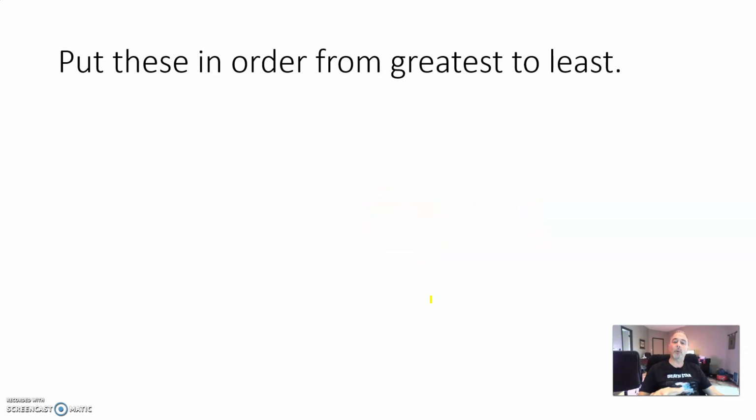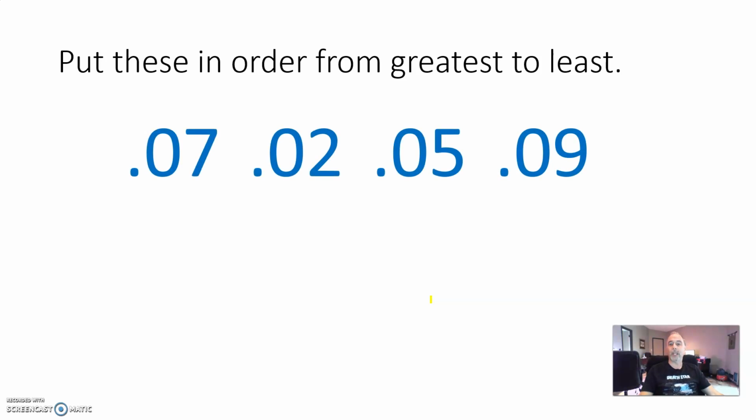Okay, so now that we've learned the basics of how to compare two decimals, let's take a look at 4. And let's put these in order from greatest to least. Now, if you look quickly down the row, you quickly realize something, right? Every number has 2 decimals. 7 hundredths, 2 hundredths, 5 hundredths, 9 hundredths. No tricks, no nothing.